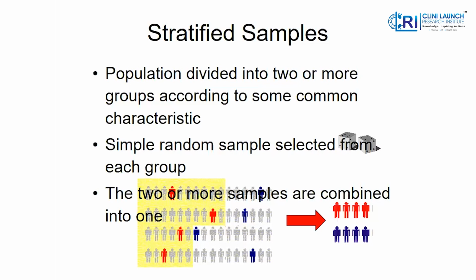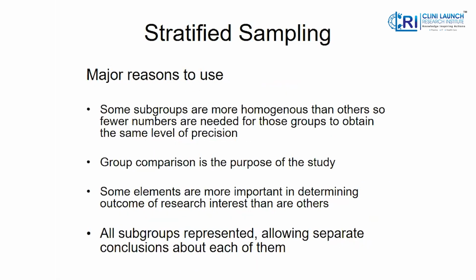But if you are doing the stratification process, then with a smaller sample size you can get an equal or probably higher level of precision also. Okay, understood? So this is the reason why stratification comes.